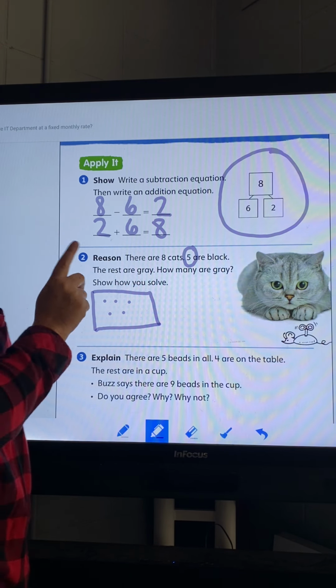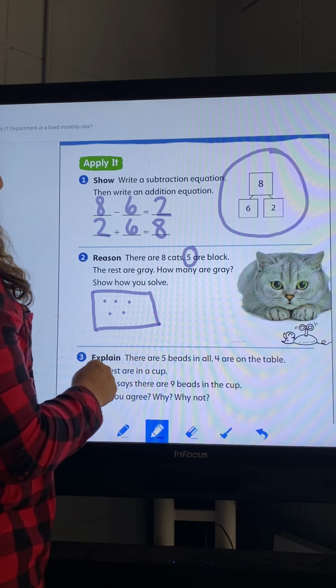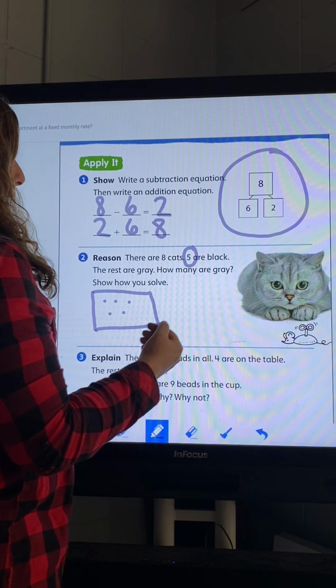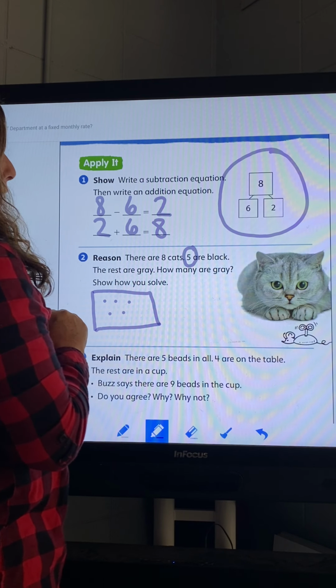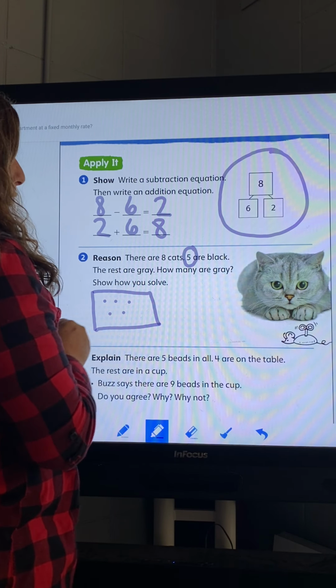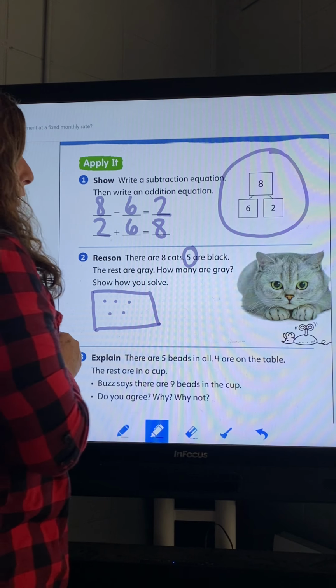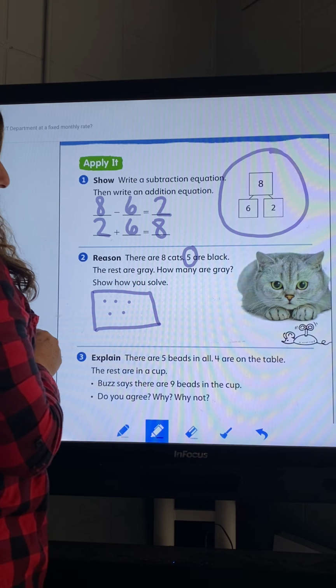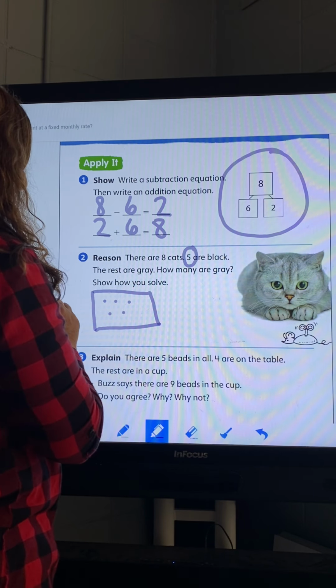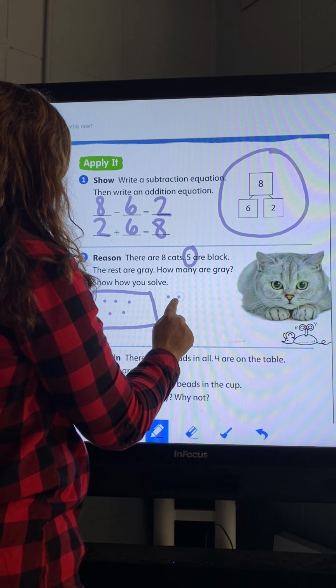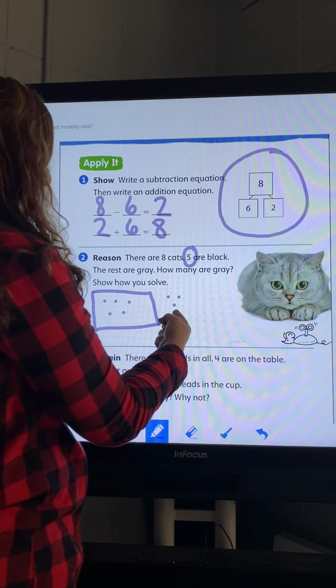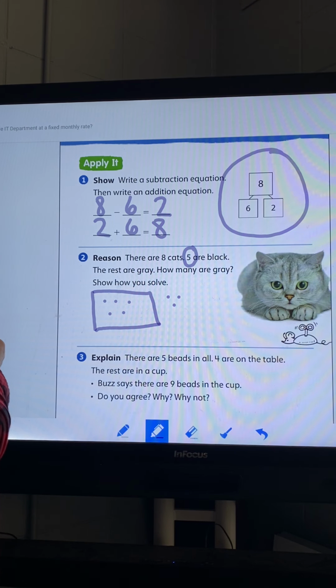So what you have to do is count on to see how many are gray. If you have 5 black, we're going to count on up to 8 because we have 8 cats all together. We want to see how many are gray out of those 8 cats. We have 5 black. Let's count up to 8. 5, 6, 7, 8. That is how many are gray.